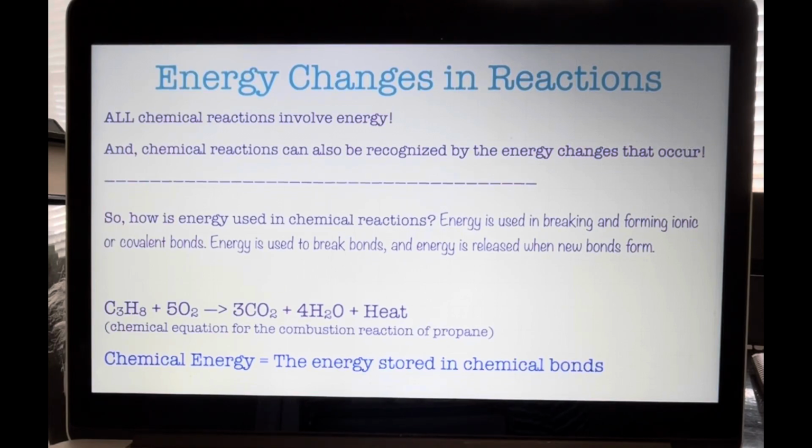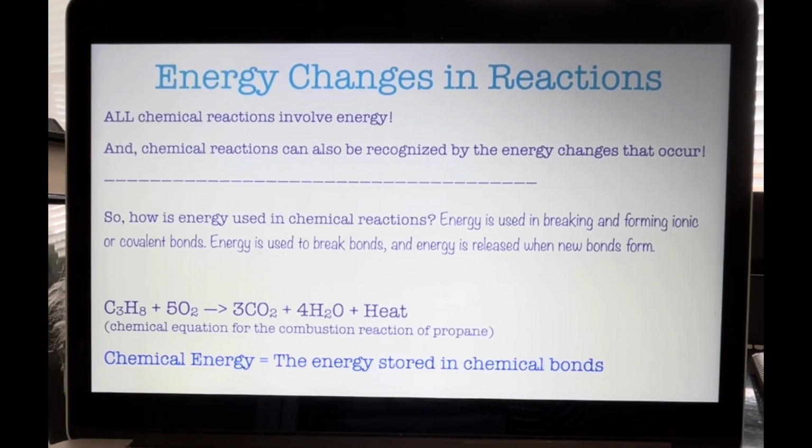The fact is, all chemical reactions involve energy. It's easy to think about combustion reactions giving off energy. In fact, that is often the reason that we want to use a combustion reaction. If you've ever grilled your food on a gas or a charcoal grill, you started a combustion reaction specifically for the heat it produced to cook your food.